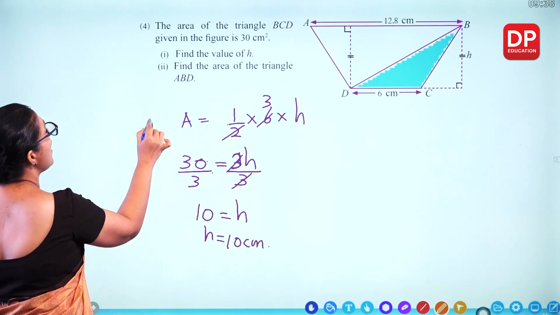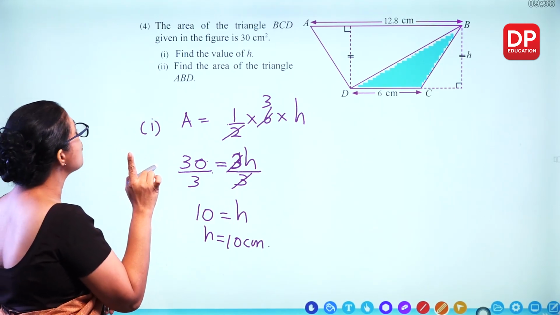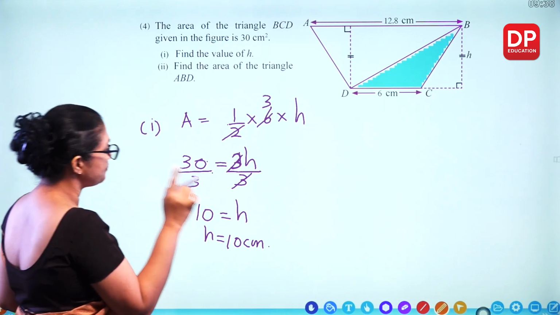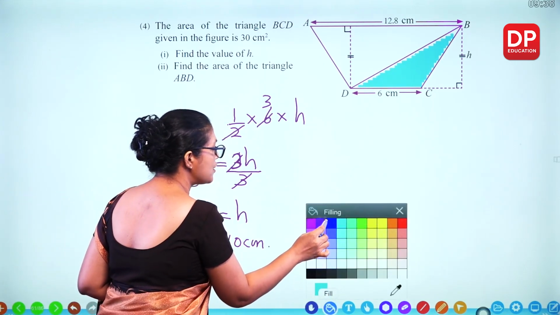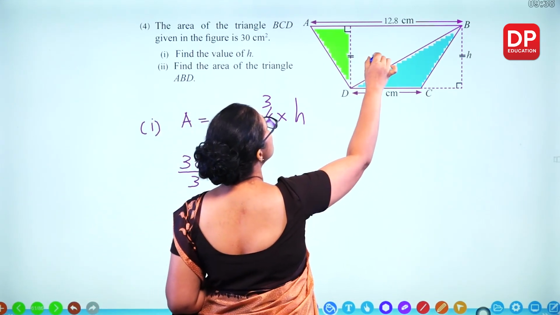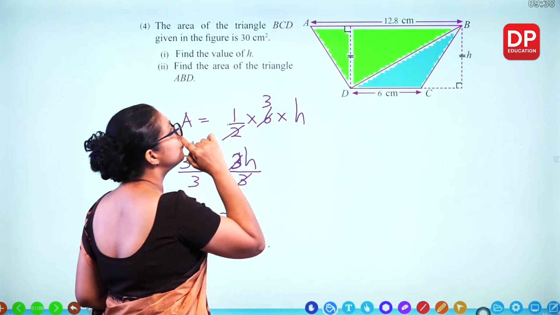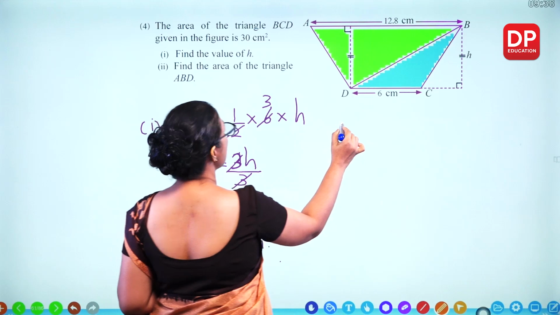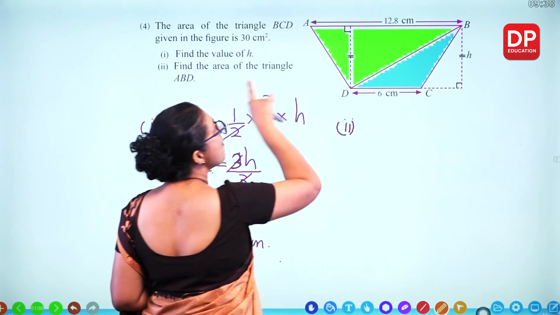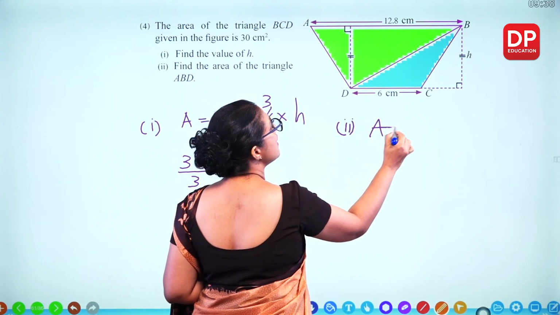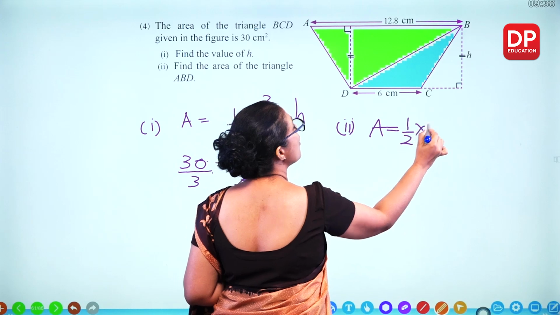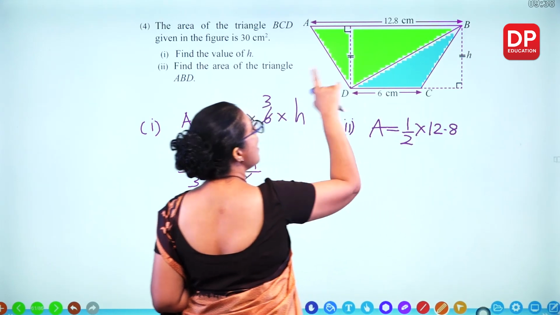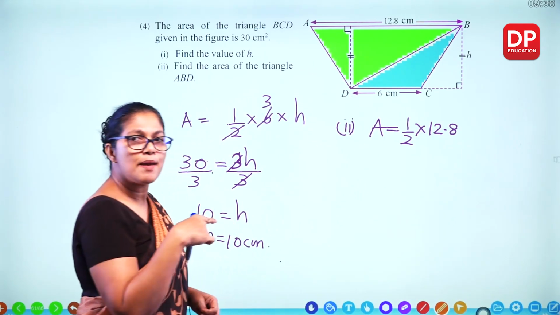Now you need to find out the area of the triangle ABD. Area of the triangle ABD is this one. So what's the area of that triangle? Base length is 12.8 now. And the perpendicular height is the same as h.